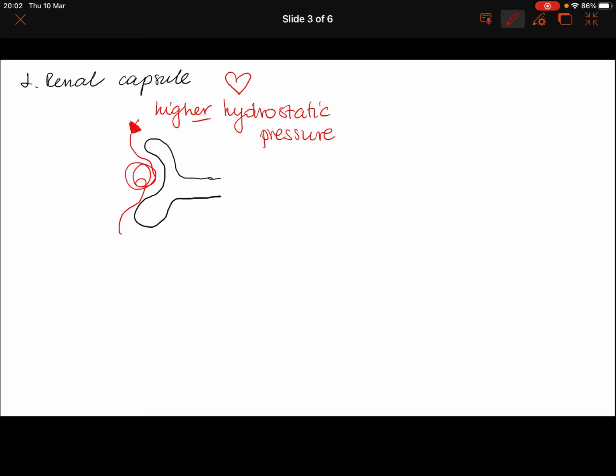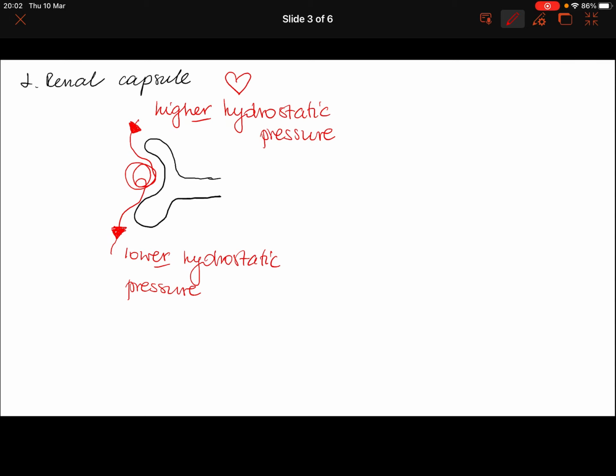If you remember properly, coming out then, following the processes that will take place, we will have lower hydrostatic pressure. The most important thing that we need to pay attention to is now how the difference in the hydrostatic pressure allows for the filtrate to be formed.